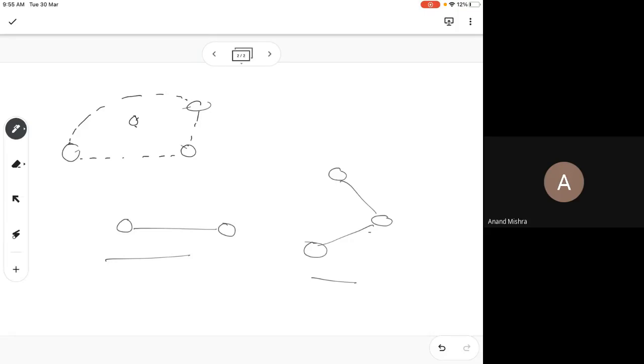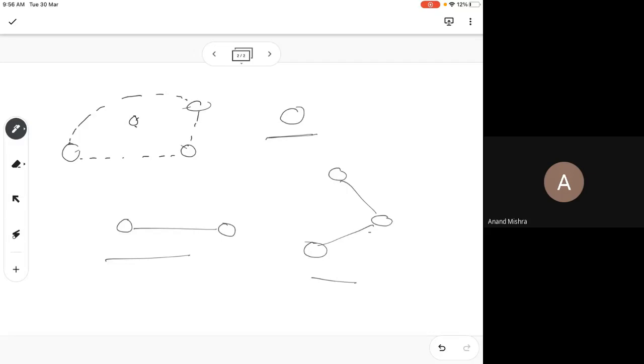Can't it be an empty graph? An empty graph, with 1 node or no node, by trivial definition, yes. It can be anything, so it can be a star graph as well.